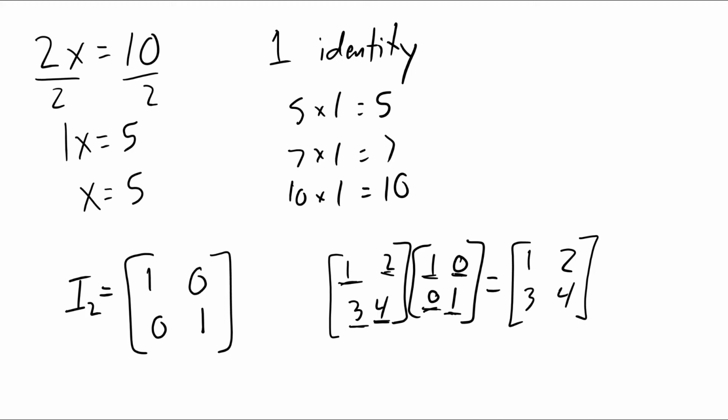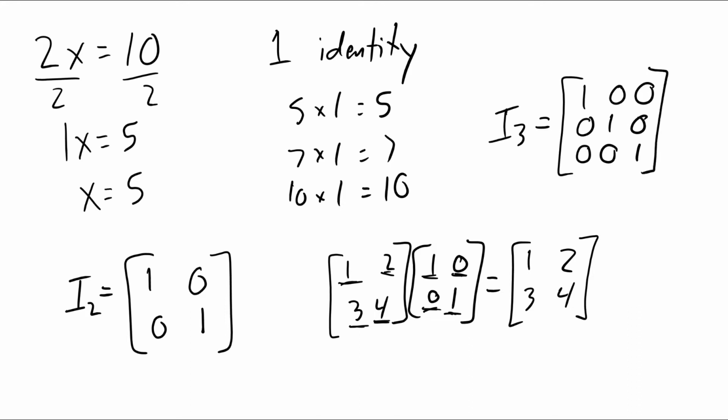So there are infinitely many identity matrices. The 2 by 2 is one example. We could have a 3 by 3 identity matrix, that would be I3, and that would be [1, 0, 0; 0, 1, 0; 0, 0, 1].